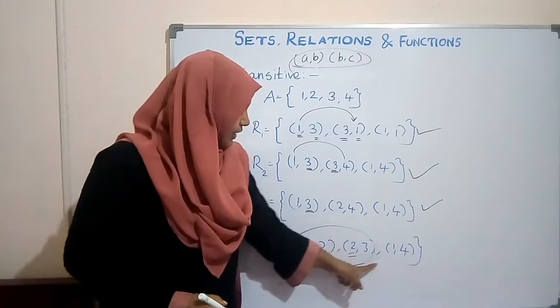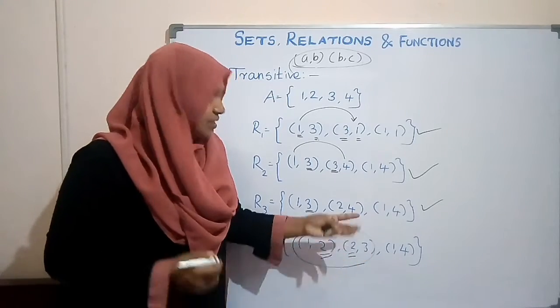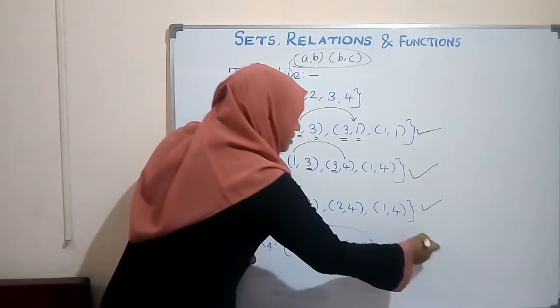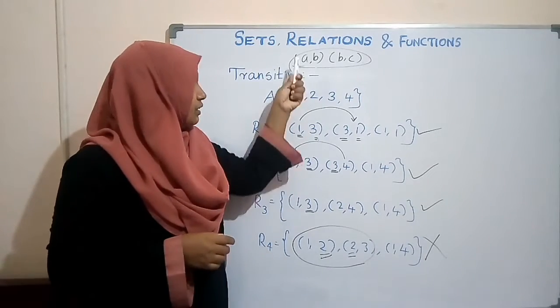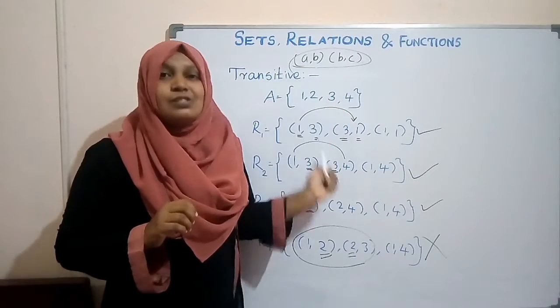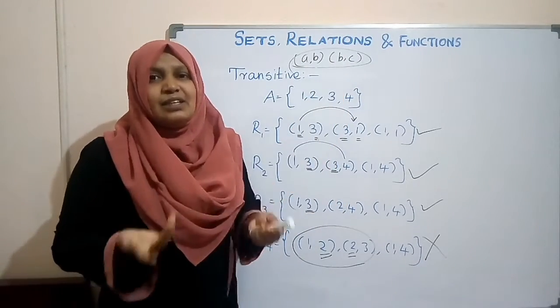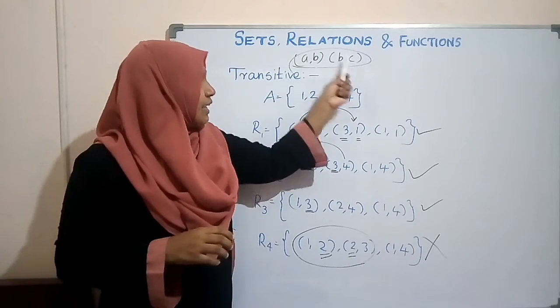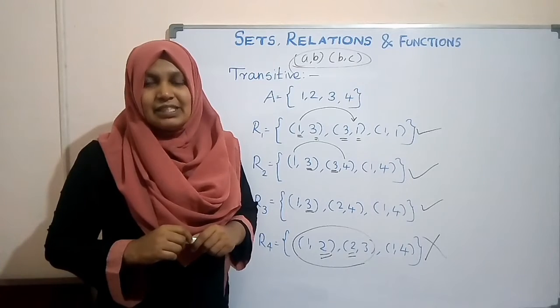Search whether (1, 3) is available here. No. So (1, 3) is not available, which means this is not transitive. So if you find two elements like this, compulsorily we need (A, C) also in that set. If you are not finding elements like this, then no need to search for (A, C). Directly we can write it is also a transitive relation.